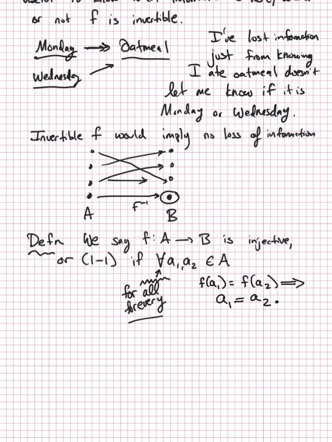Another way to say this is for every A1, A2 in A, if I start with distinct elements, so A1 is not equal to A2, this implies that f of A1 is not equal to f of A2. These are precisely the contrapositives of each other.